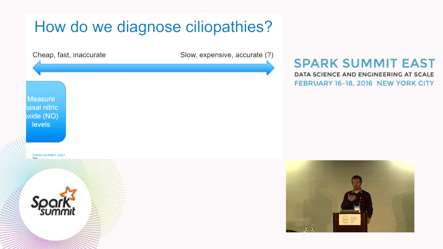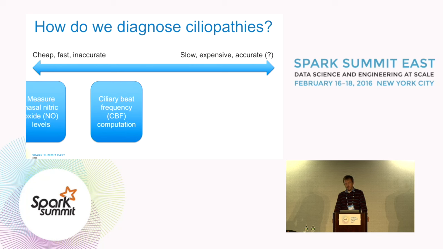You literally measure how much nitric oxide comes out of someone's nose when they exhale. For whatever reason, and the research is not clear on this, there is a correlation between high nasal nitric oxide levels and ciliopathies. The reasons are still unclear, but this leads to a lot of false positive rates. And so this is generally done as just kind of a first step.